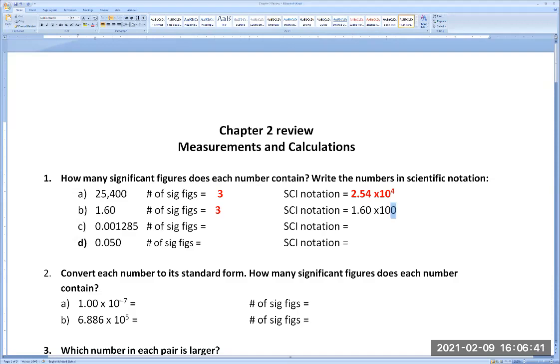We moved 0 times, right? And if you do this 10 to the 0 in your calculator, you will see that it is equal to 1. So 1.60 times 10 to the 0 is equal to 1.60 times 1. And that's again 1.60. So that's the scientific notation for this number.